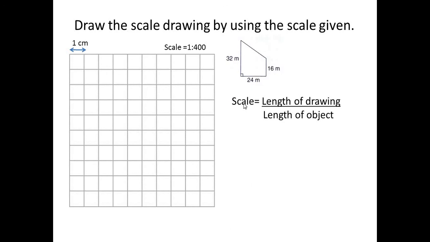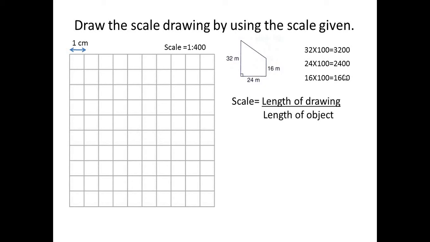Back to our formula: scale is equal to length of drawing divided by length of object. Now we're going to change meters to centimeters. We're going to multiply each of the lengths by 100. So 32 times 100, 24 times 100, and 16 multiplied by 100.